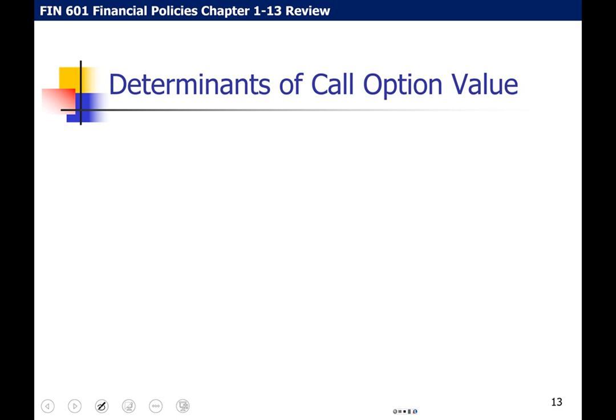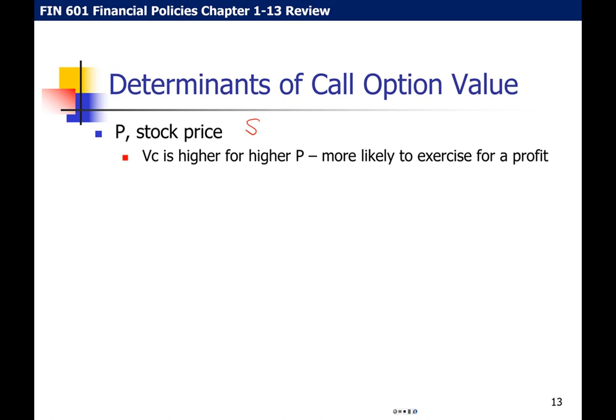First is the stock price. Either P or S can serve as the stock price. The value of a call will be higher for a higher stock price, right? That means it's more likely you're going to profit from exercising this option. For the strike price, what do you think?